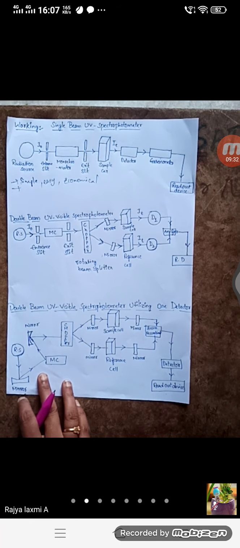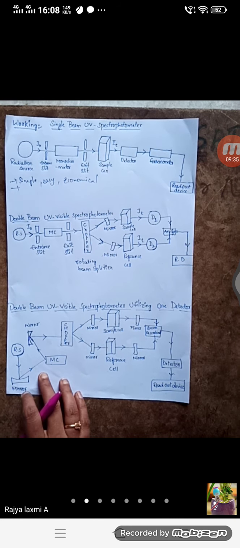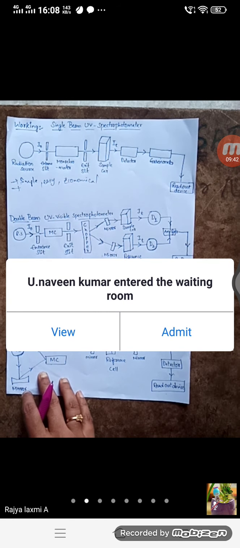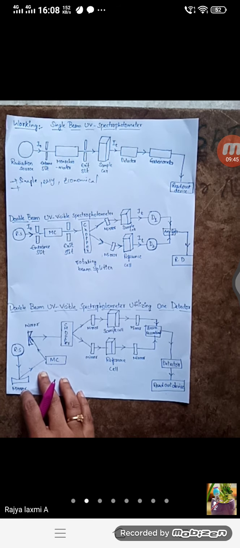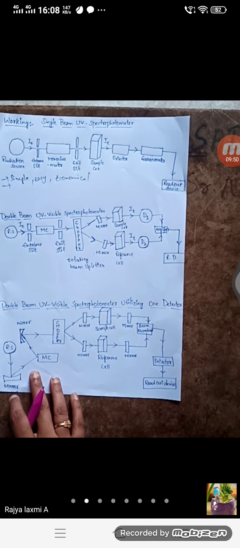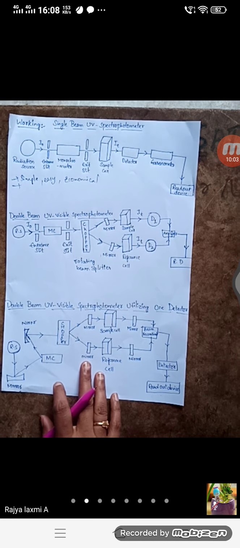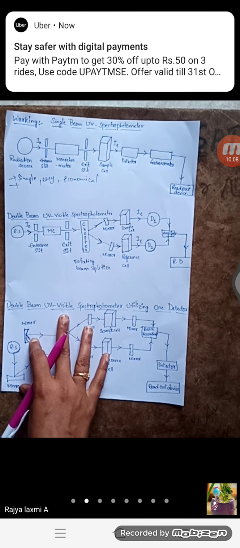The first advantage is that it facilitates rapid scanning over a wide wavelength region. Any wavelength, even long wavelengths, scanning is fast. In single beam, suppose you want absorbance from 400 to 800 nanometers, it shows absorbance quickly. But if you set 1200 to 1600, it takes a lot of time to give absorbance values. But in this double beam, it shows rapid scanning over a wide wavelength region.